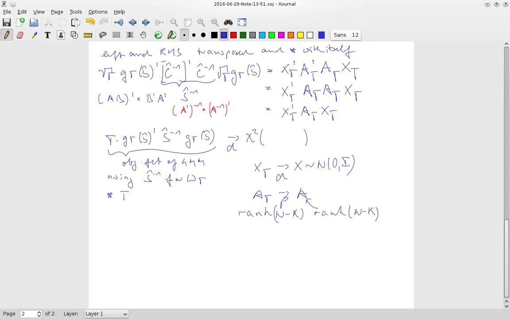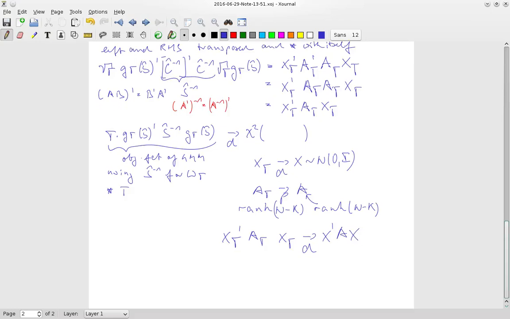Okay, now we're almost there. What we have here is a quadratic form x sub t prime A x sub t, which converges in distribution to the distribution of x prime A x. And as a matter of fact, from the earlier videos that we saw, we actually know what the distribution of such a quadratic form is.